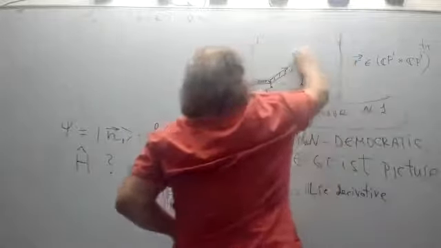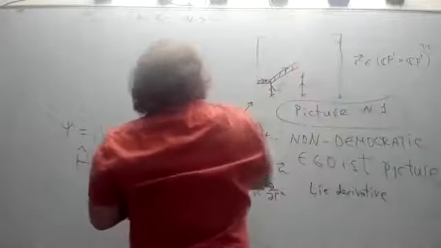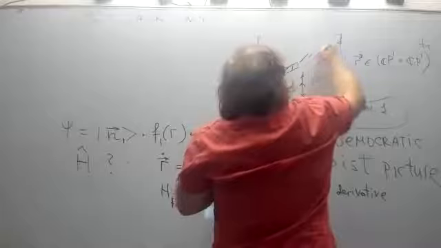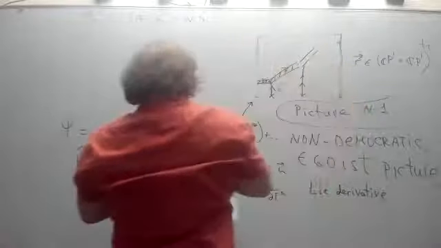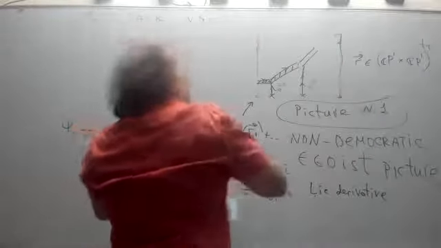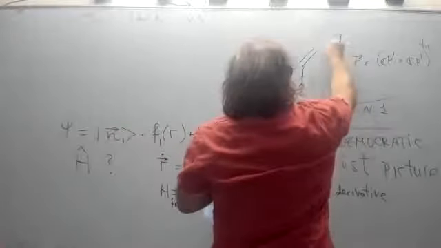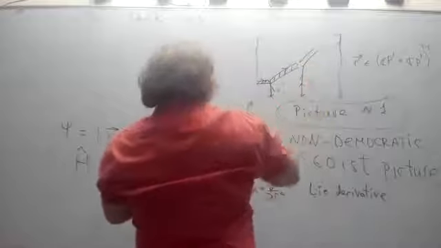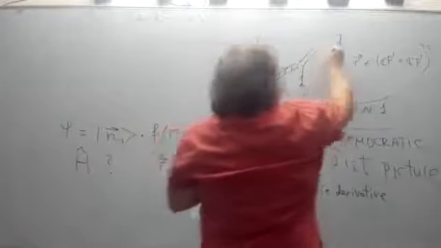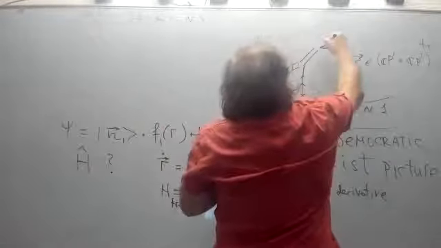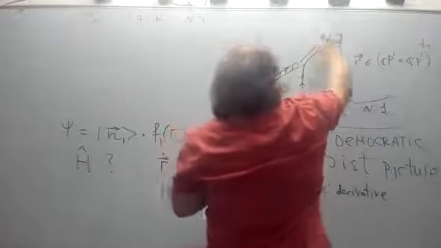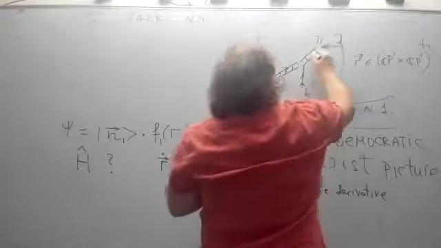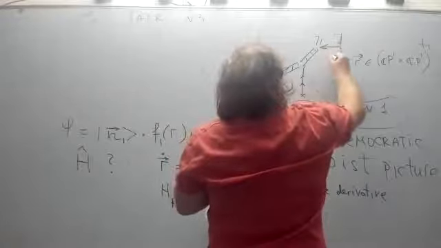So let me write a more general picture. Here I could get a momenta. So this is delta 1. Here I could get a momenta and go this way. It will be delta 2.